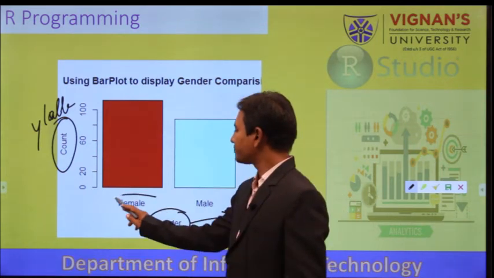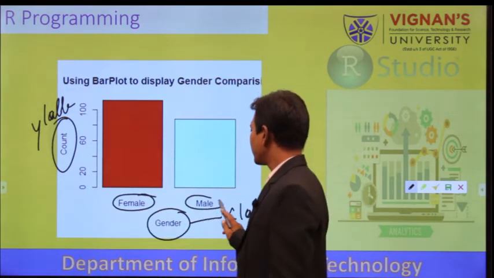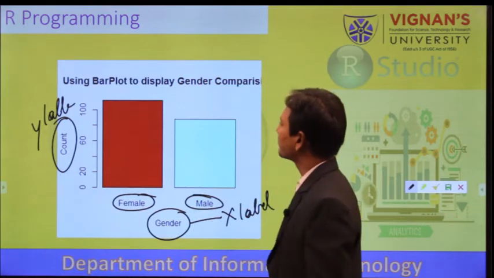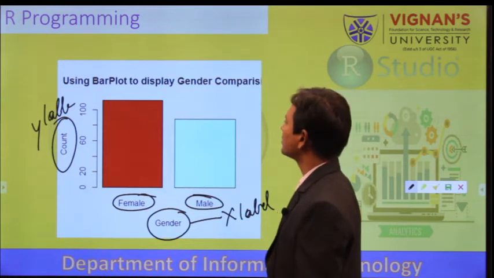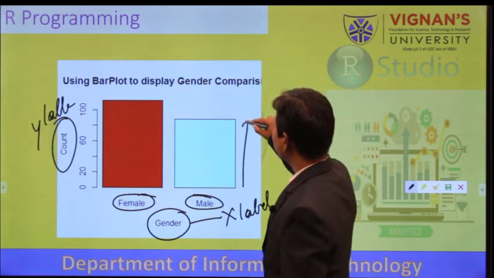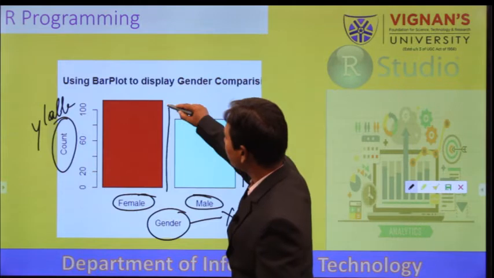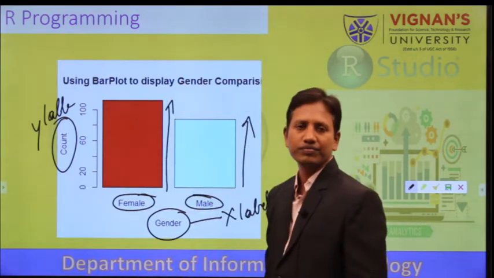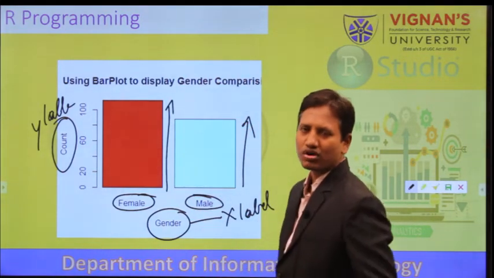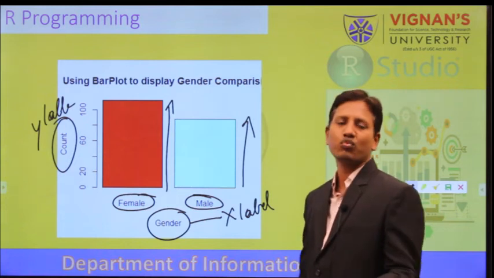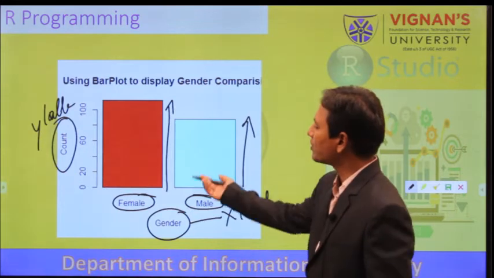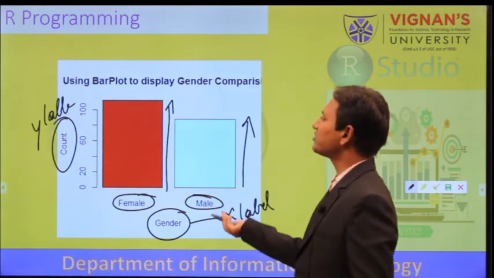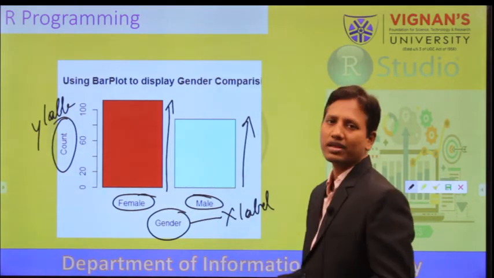And these are the names, and this is the bar plot. So it shows how many male values and female values are there. By seeing this plot, we quickly understand the level of the people. So female people are more. We are able to see it in a simple manner.